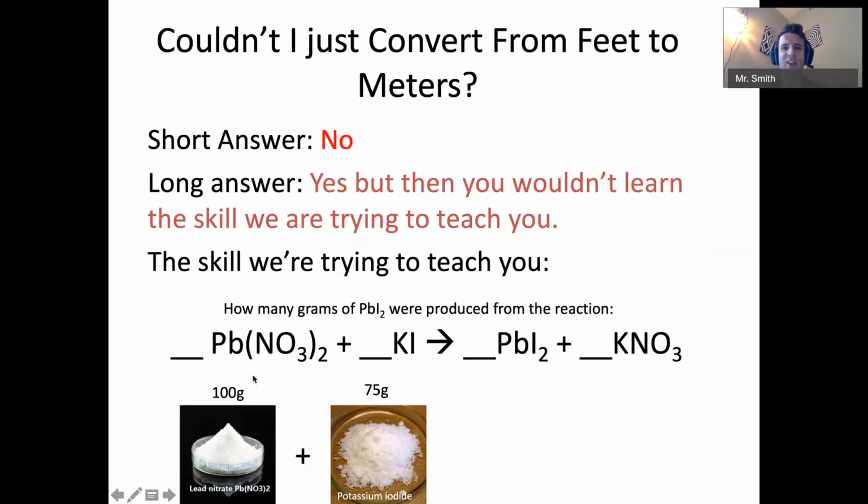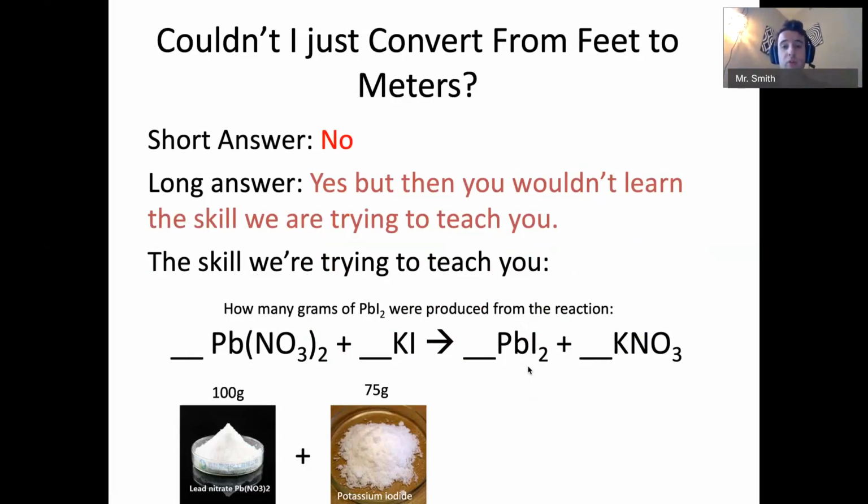And in an actual chemistry reaction, you'll be given a certain amount of one chemical and a certain amount of another chemical in grams. You combine them together and you'll get the products PbI2 and KNO3. Now we're really only interested in PbI2 because that's our product. That's the one we want. We don't really care about this KNO3. But anyways, maybe we're trying to figure out how much of it do we produce? Think about it like in a factory.